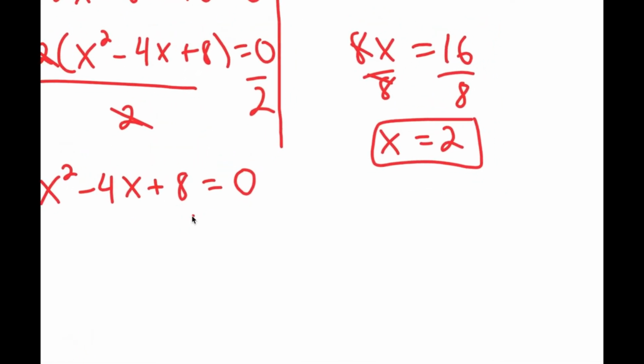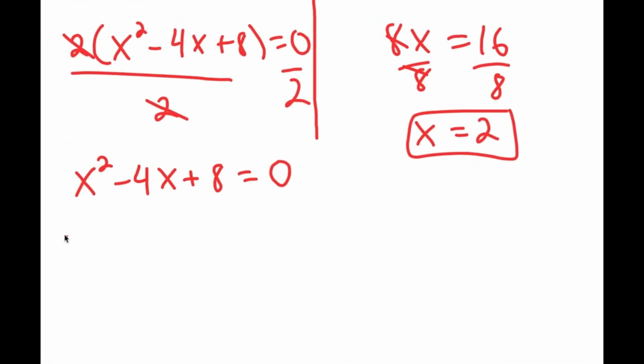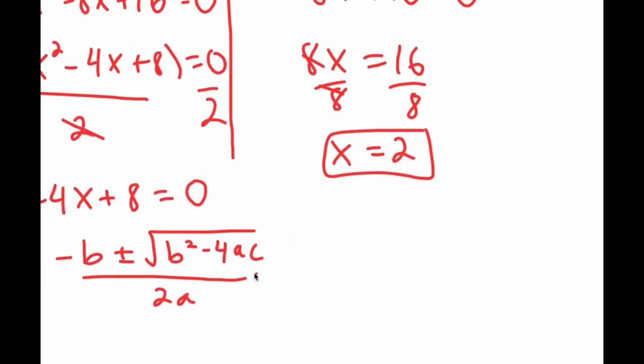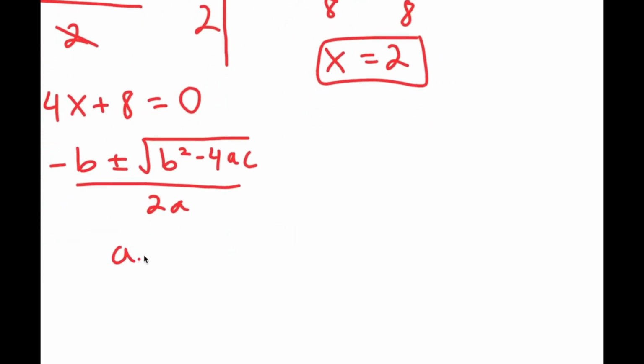And if I use the quadratic formula, which is x = (−b ± √(b^2 − 4ac)) / 2a, in this case, a is 1, b is −4, and c is 8.